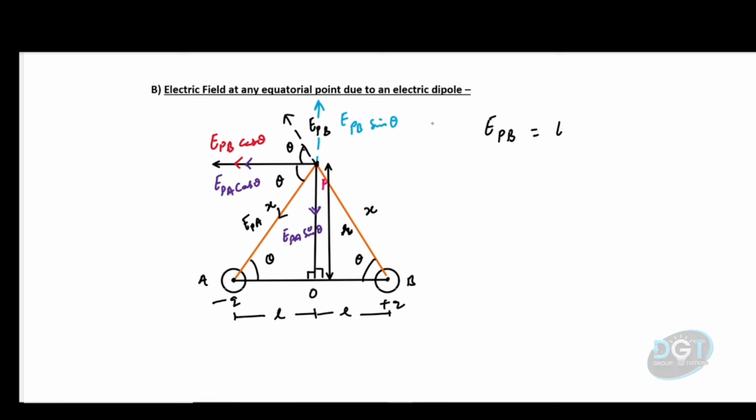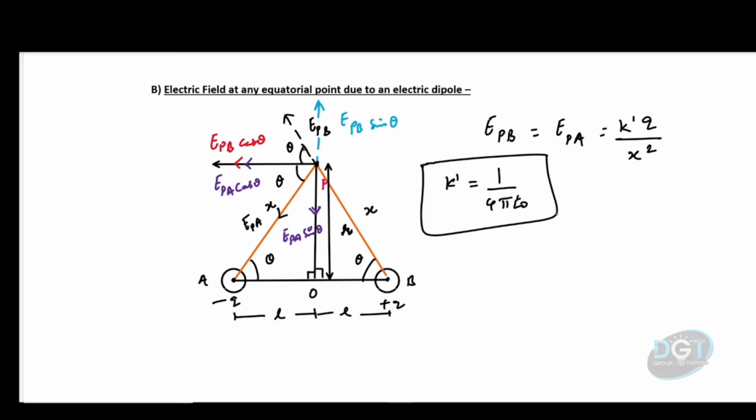So EPB as magnitude is same as EPA, which is given by K dash Q upon x square. And by the way, K dash over here is given by 1 upon 4 pi epsilon. Okay, so we know expressions for EPB and EPA are this.